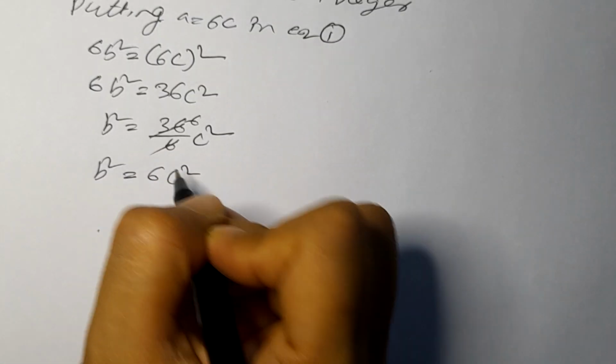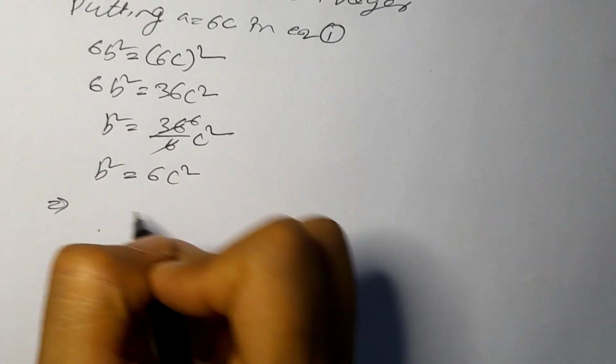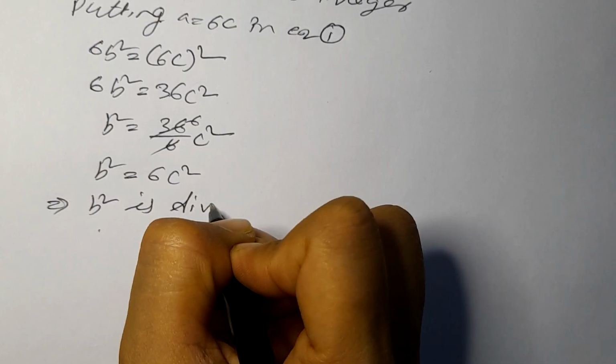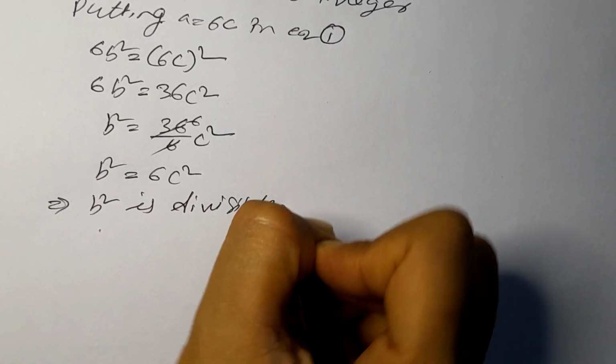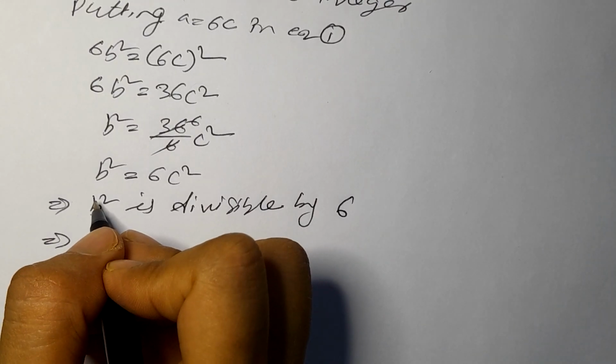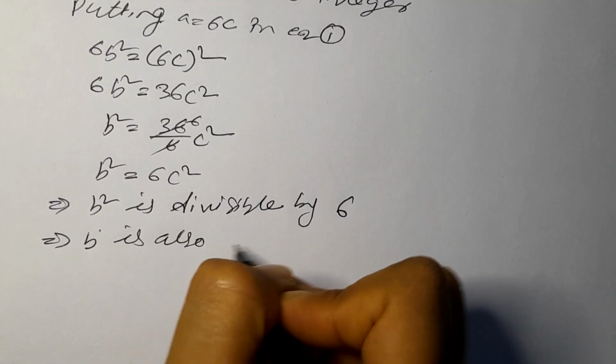This is divisible by 6, which implies b square is divisible by 6. And since b square is divisible by 6, b is also divisible by 6.